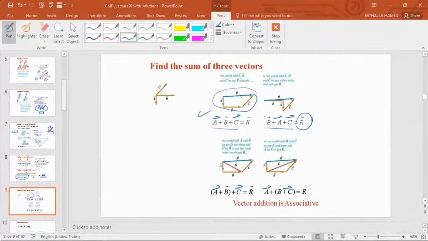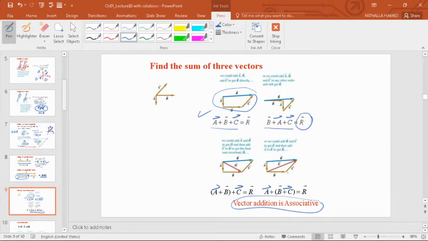Now, we say here that vector addition is associative, meaning when I'm adding these vectors, I can add B to A, and I get a resultant vector here. Let's call it D. And then I will add C to D. When I want to use my knowledge of trigonometry to add vectors, that may become helpful.